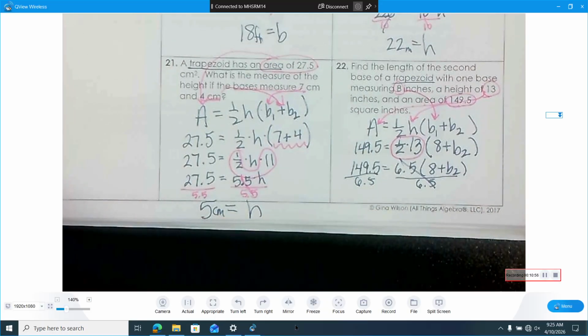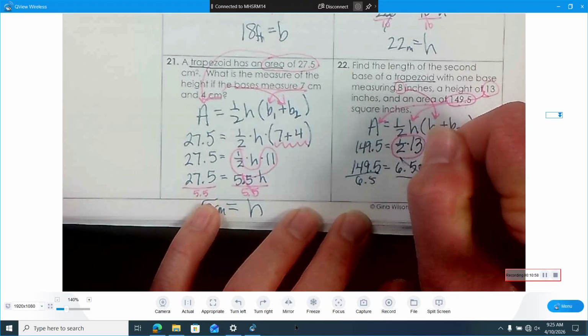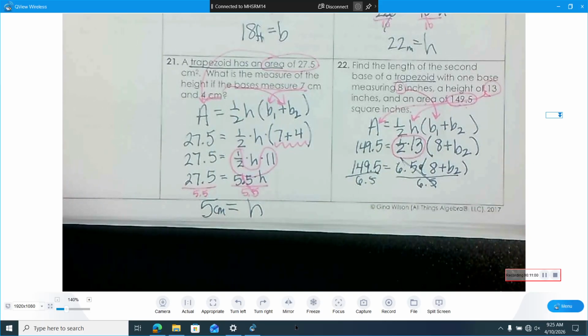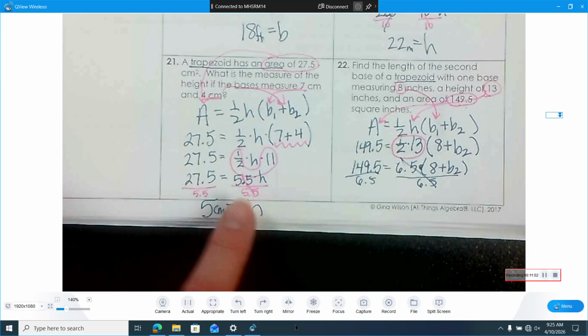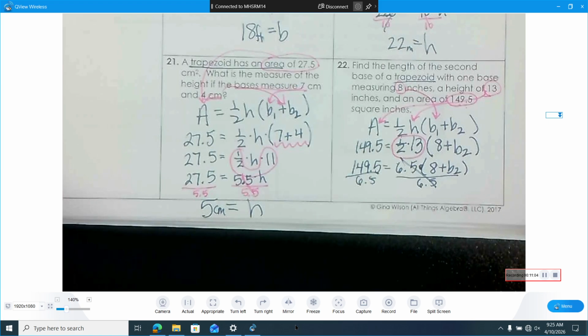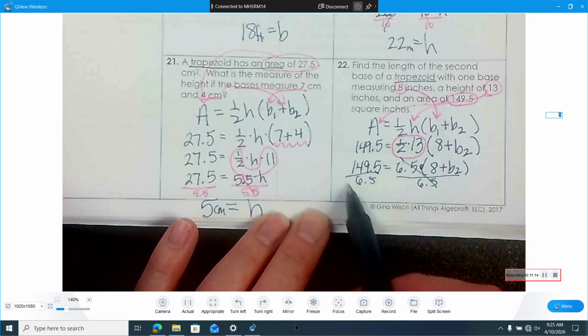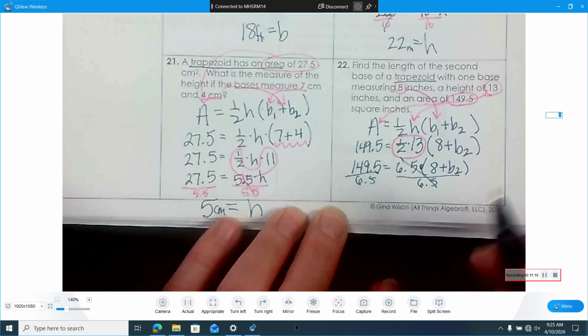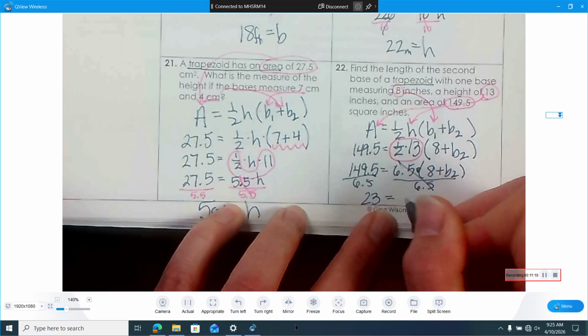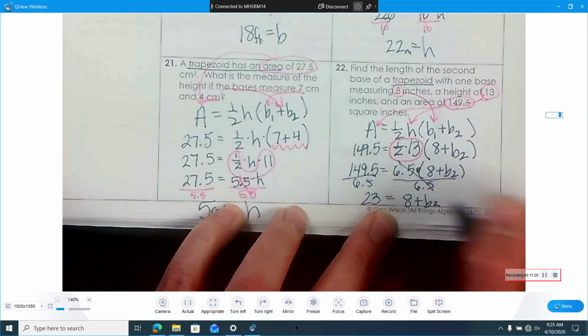We don't divide because this is multiplied. It just cancels itself out, just like it's been doing over here, which is kind of nice. We could also distribute if you wanted to, and eventually you'd still have to divide by 6.5, but this actually saves a step. What in your calculator? 149.5 divided by 6.5, please? 23 equals 8 plus b sub 2.